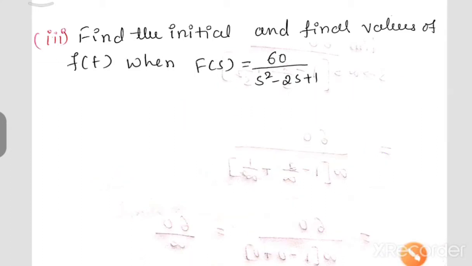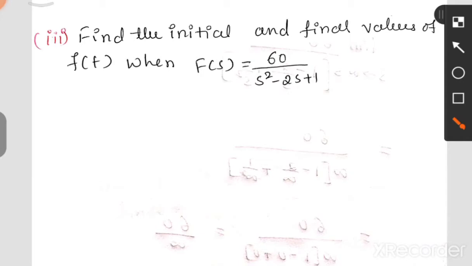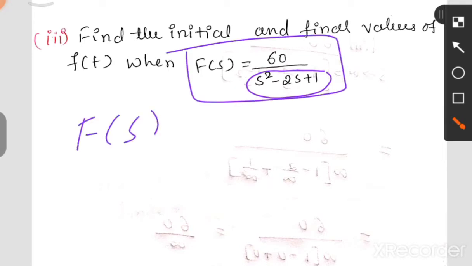Okay, to find out the final value, as we said, we should be careful. The denominator indicates always, in the function f of s, or it might be x of s, you have a numerator divided by a denominator.